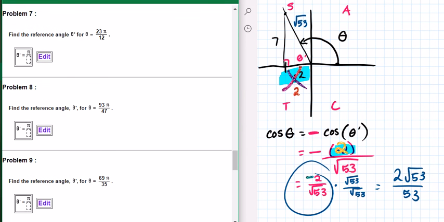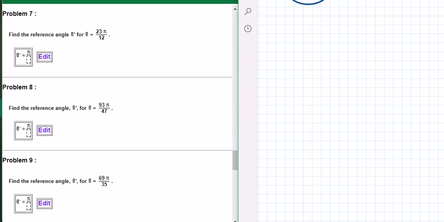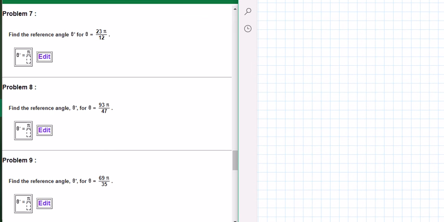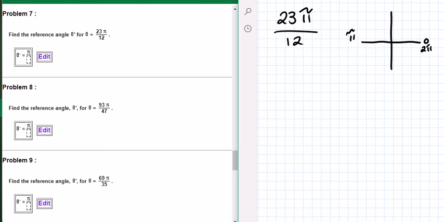Alright, problem number 7. Find a reference angle for 23 pi over 12. So without fail, what I always do is I draw this little coordinate plane really quick. This is 0, this is pi, coming back around, this is going to be 2 pi.